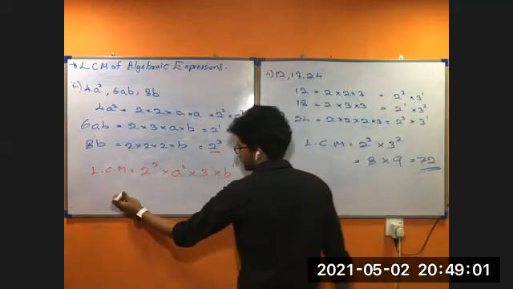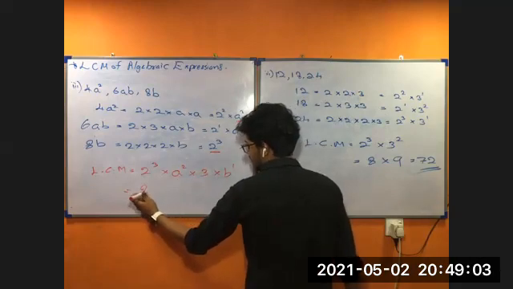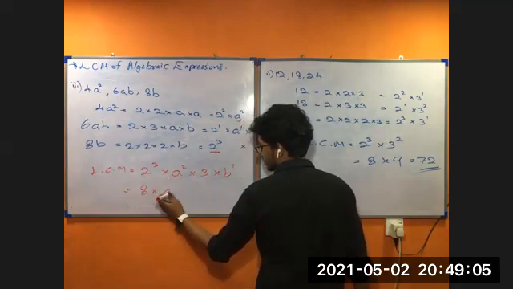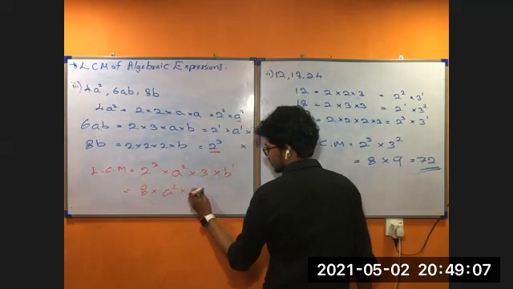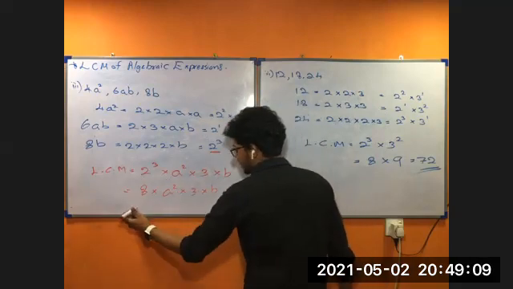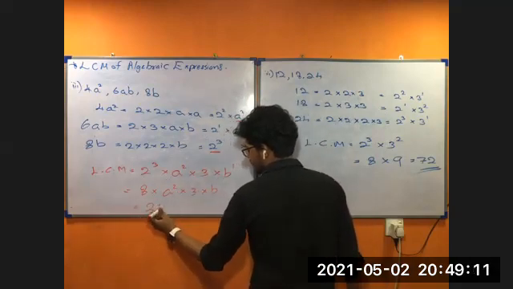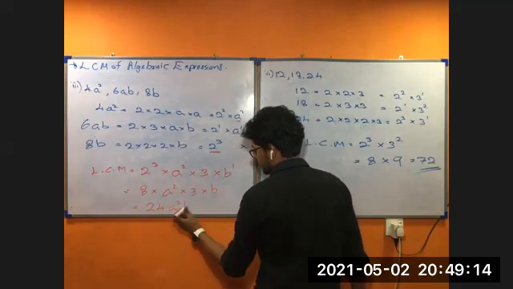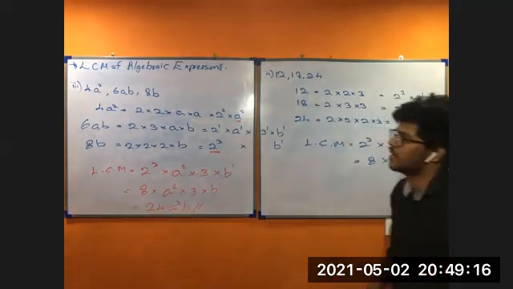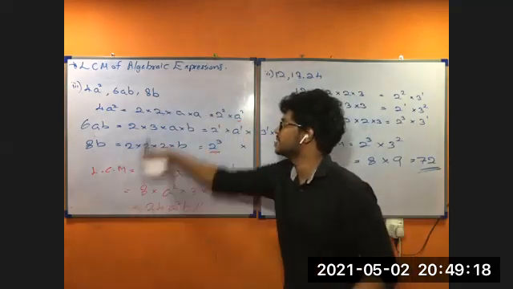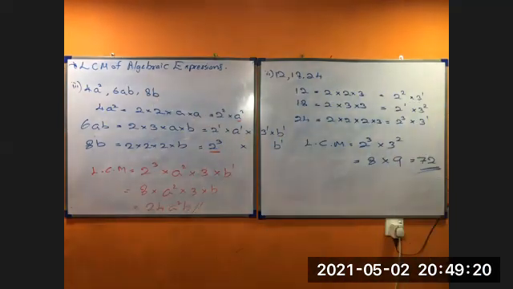So it is going to be 2 times 2, 4 times 2, 8 times a squared times 3 times b. So 8 times 3 is 24. So 24a squared b. This is the LCM of these three numbers.